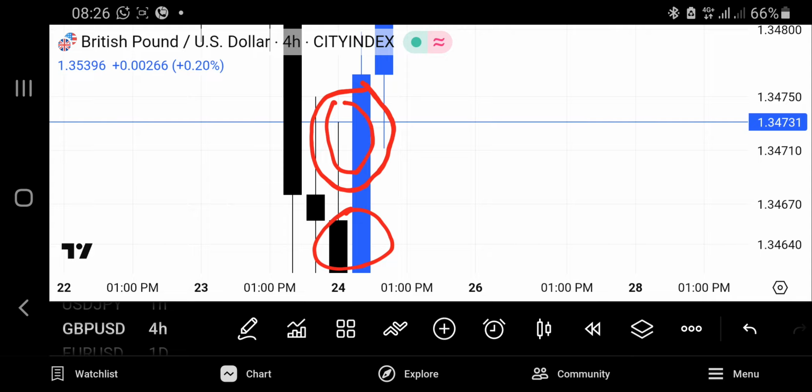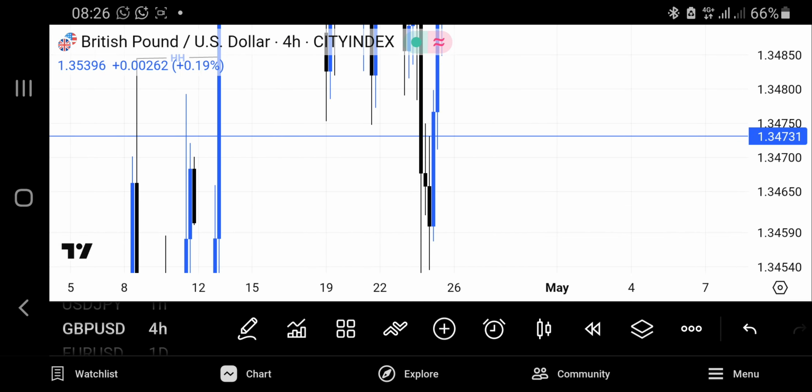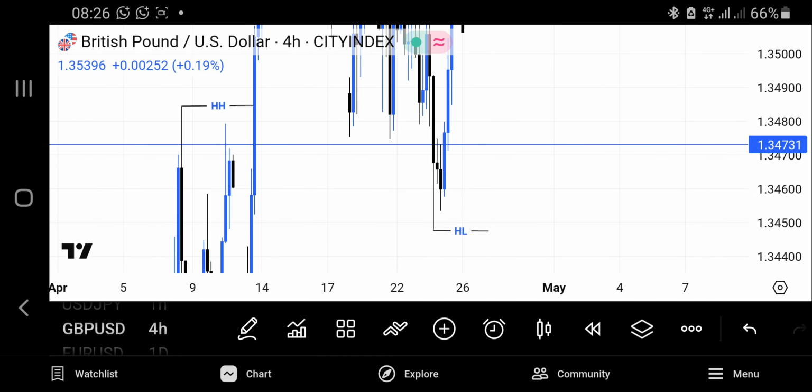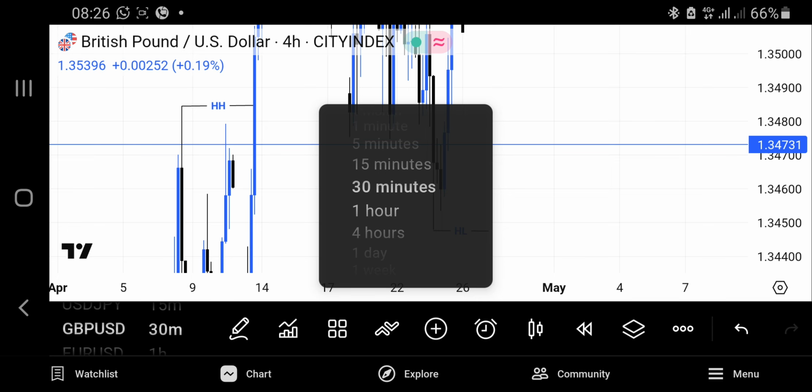So this is where buyers took control from sellers. So if I were to enter this, I can say that zone is already tested.